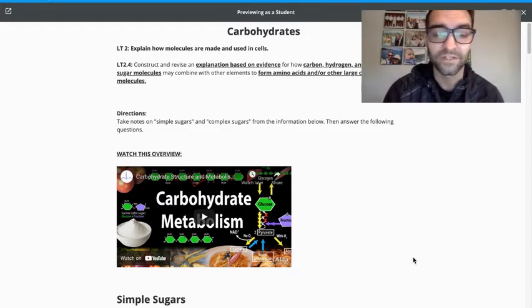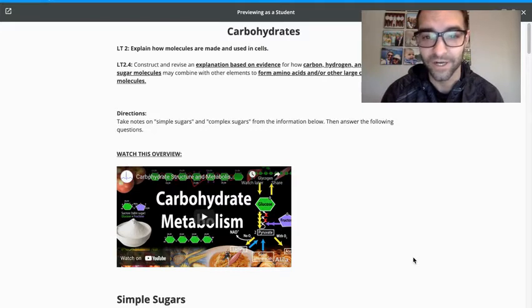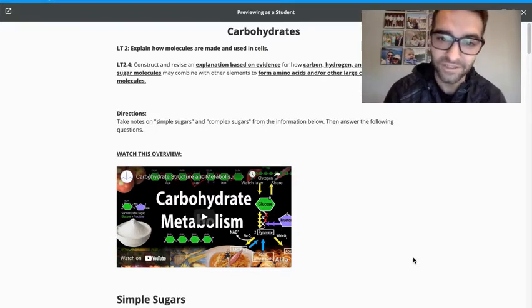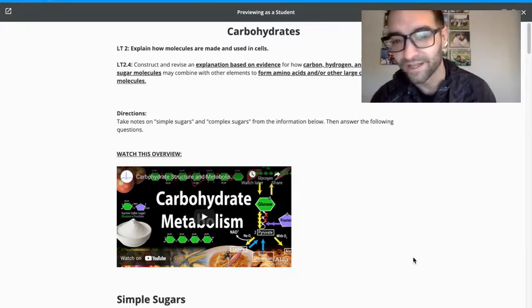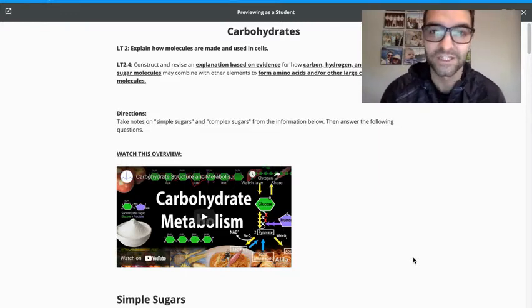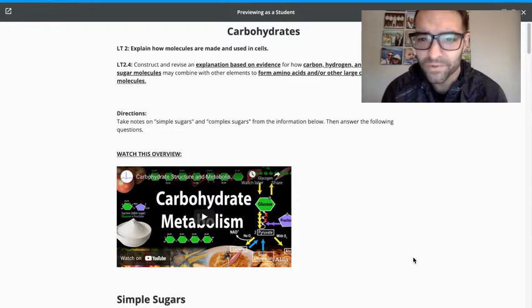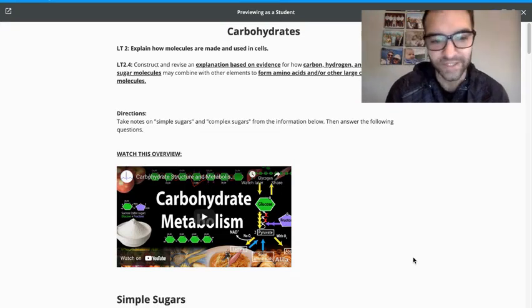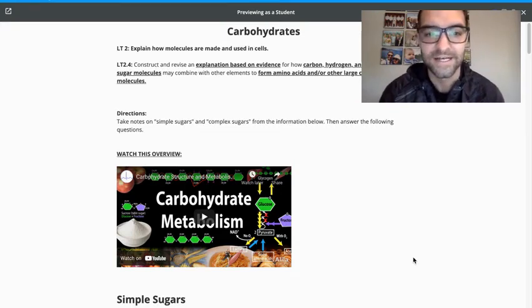And when we talk about carbohydrates, and honestly, this is something that took me forever to connect in my brain, carbohydrates are sugar and sugar are carbohydrates. One is just a more common, user friendly term, sugar, where carbohydrate is more of a technical term, but both are used in different contexts.